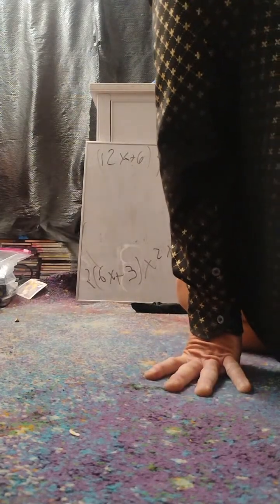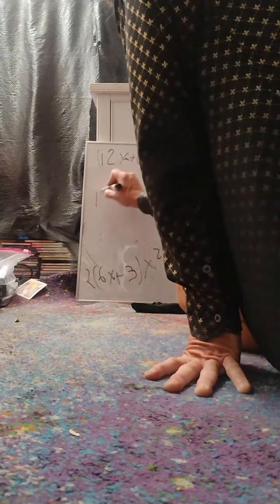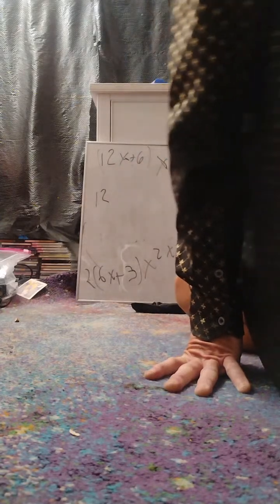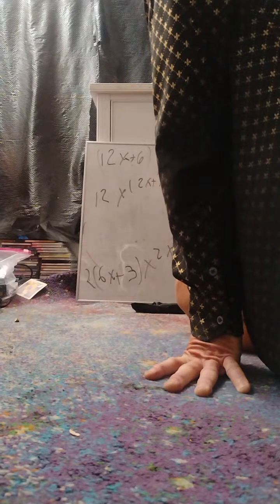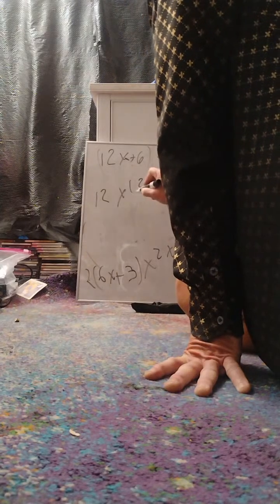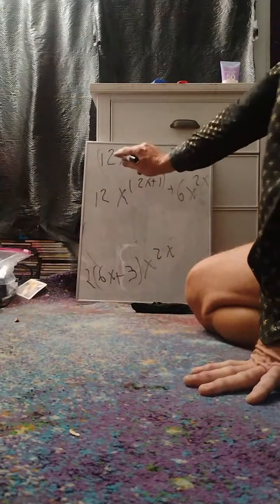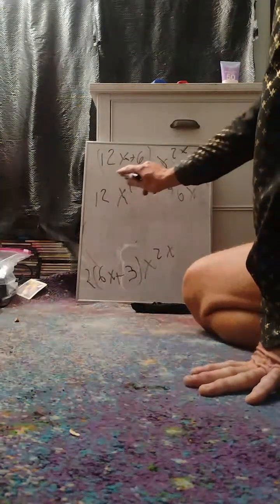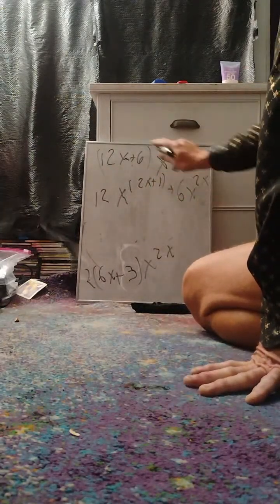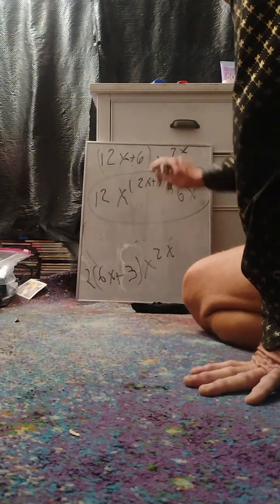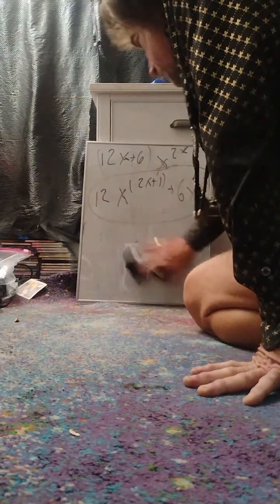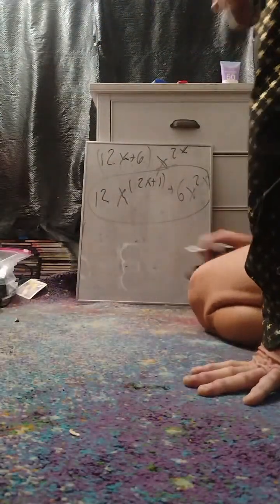You could continue that as 12x to the 2x plus 1 plus 6x to the 2x. That's simple math, because this times that, you take 12x, 2x plus 1 plus 6x. So that thing right there is the derivative of my original function, which, if I can remember right, if I can even remember the function I started with, I said g of x was something.